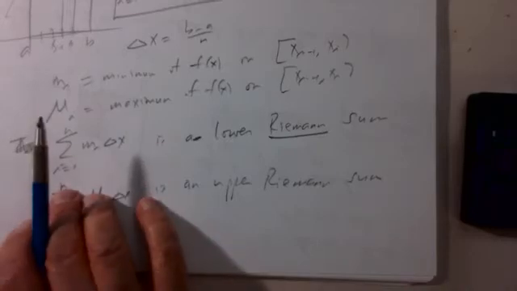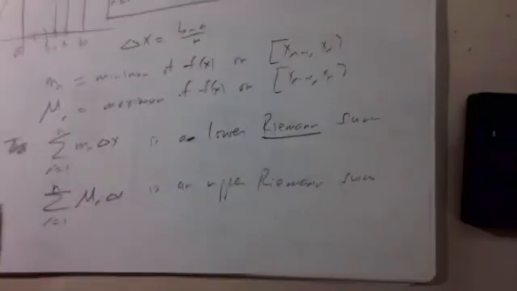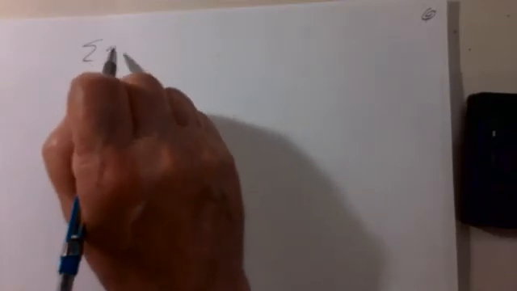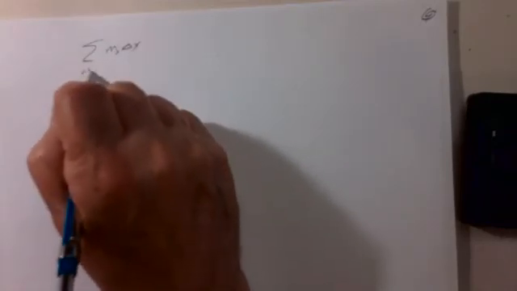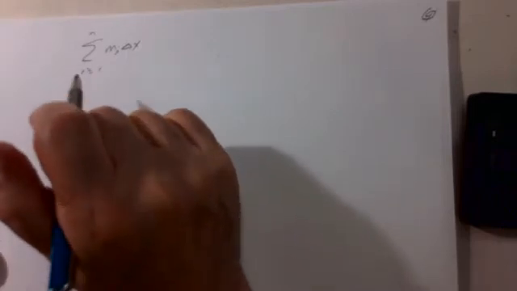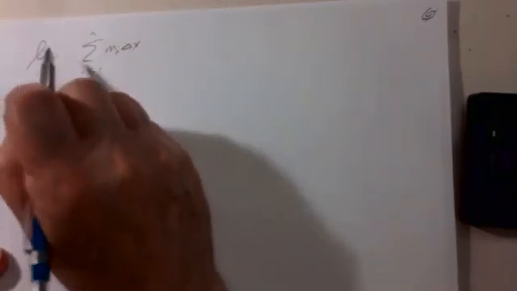And one of the most important facts in calculus is the following. If you take the lower Riemann sum, and you take the limit of this as n goes to infinity, this limit exists.